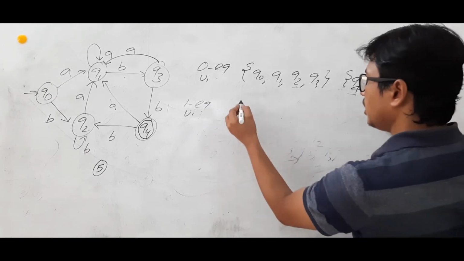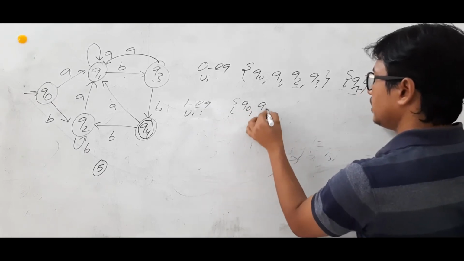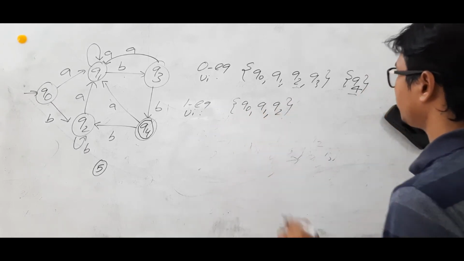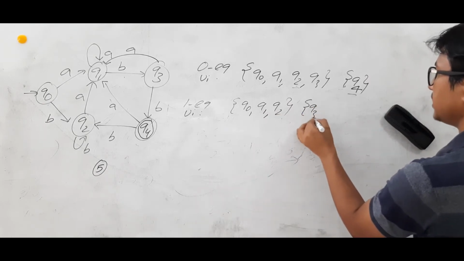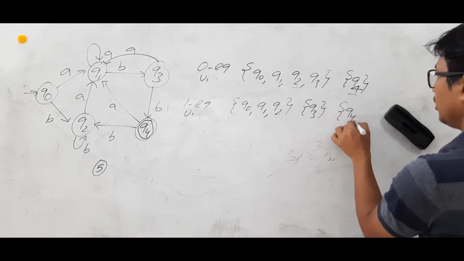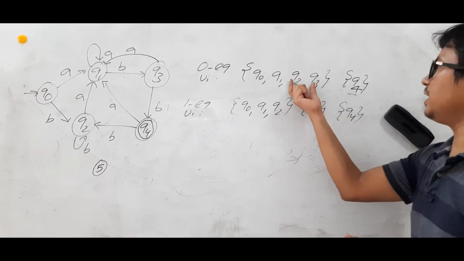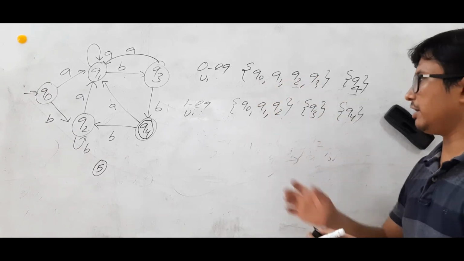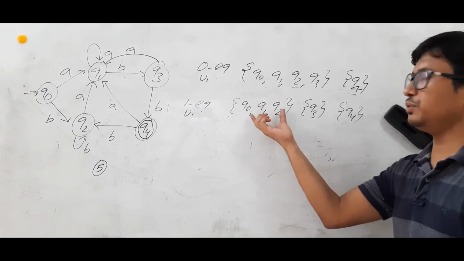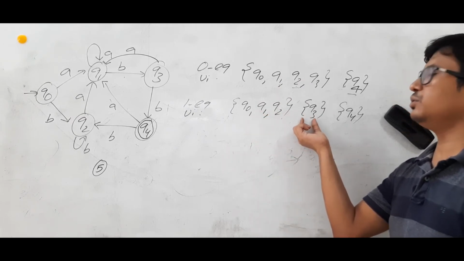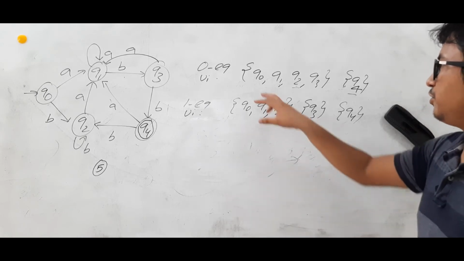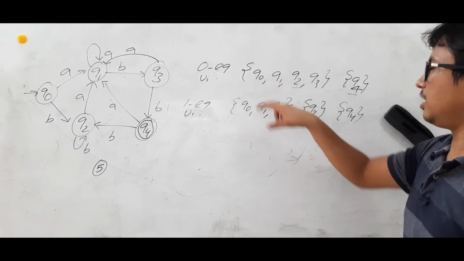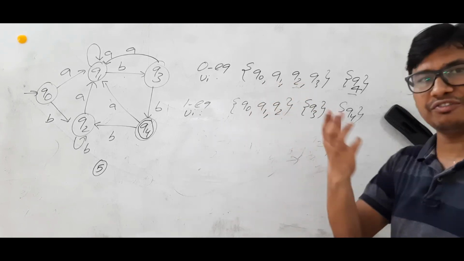So Q0, Q1, Q2 are still friends, and Q3 is an enemy, and Q4. Now see, if Q2 and Q3 are not equivalent and Q0, Q1, Q2 are equivalent, then I will say that Q0, Q1, Q2 are equivalent and Q3 is separate. How? Q0, Q1, Q2 are friends.